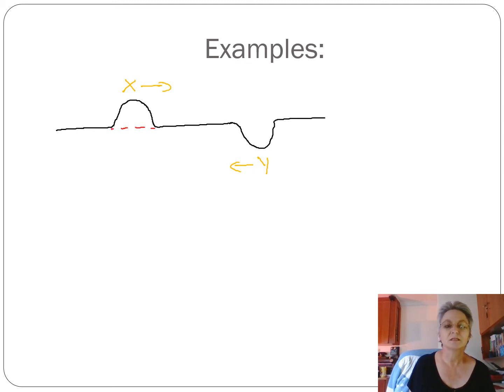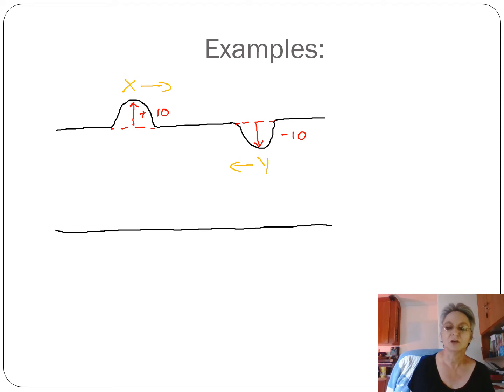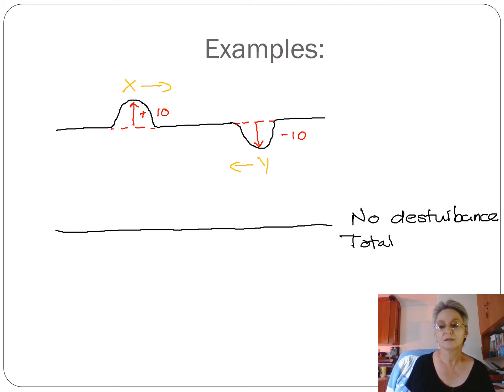Pulse X has a plus 10 amplitude and pulse Y has a -10 amplitude. So when these two pulses coincide, you'll see no disturbance during superpositioning because you have total destructive interference.